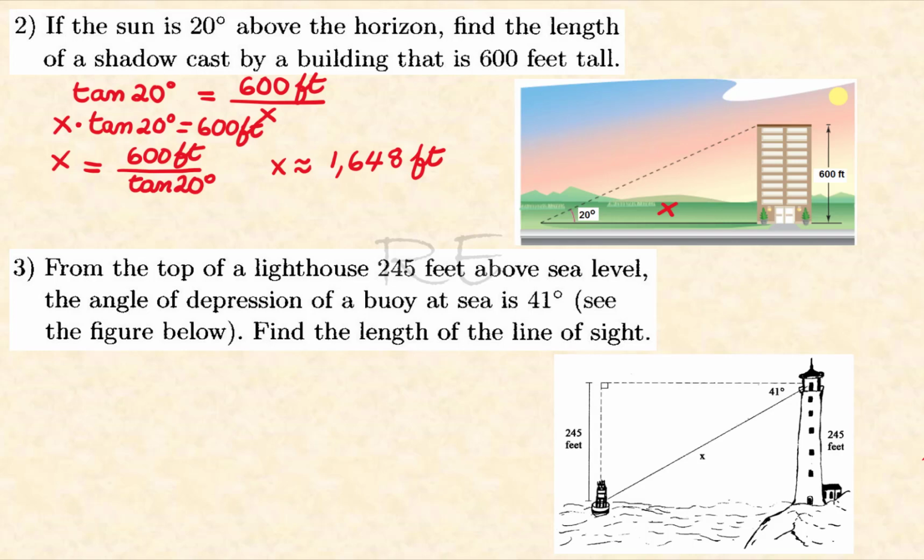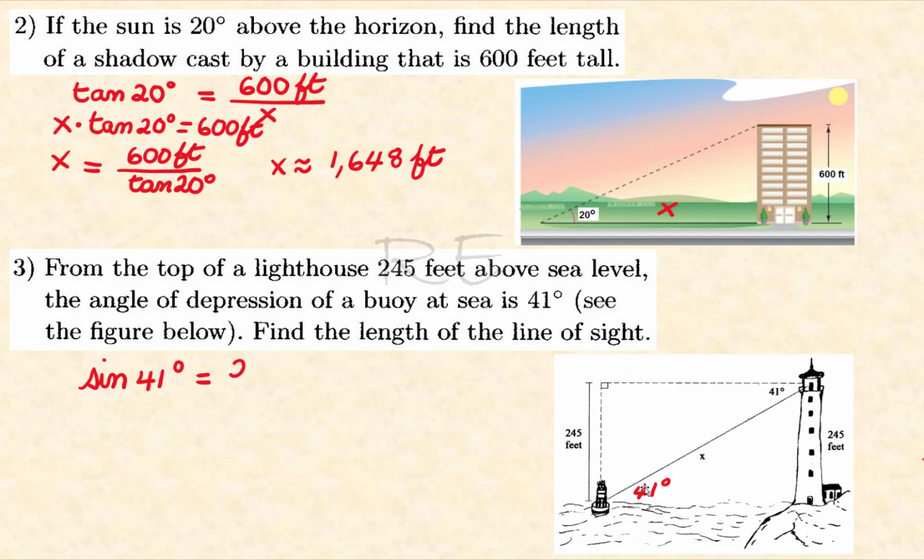Now the angle of depression from the lighthouse is 41, and we know that the angle of depression is equal to the angle of elevation. And the height is 245. Now they want the line of sight, which is the hypotenuse.